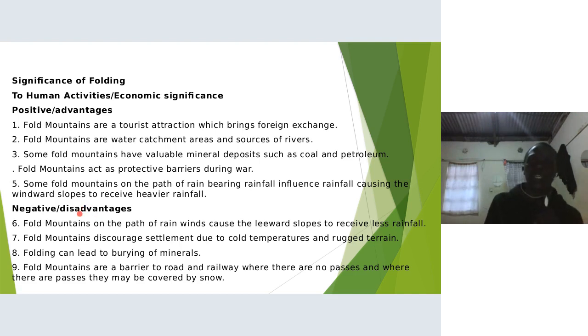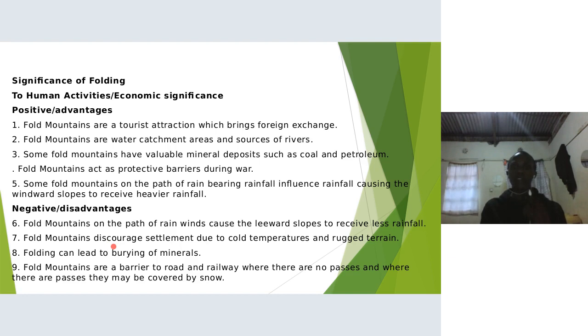Let's look at the negatives, or rather the disadvantages. Fold mountains on the path of rain cause the leeward slope to receive less rainfall. This causes people living on the leeward side to experience drought. Also, fold mountains discourage settlement due to cold temperature and rugged terrain.